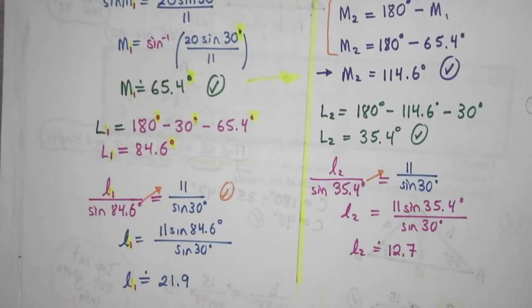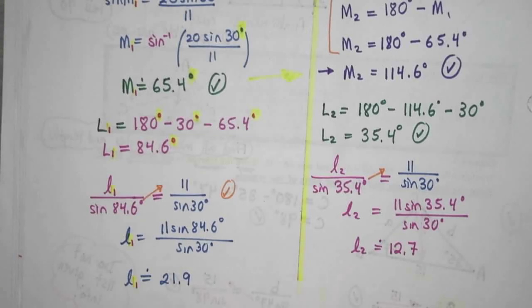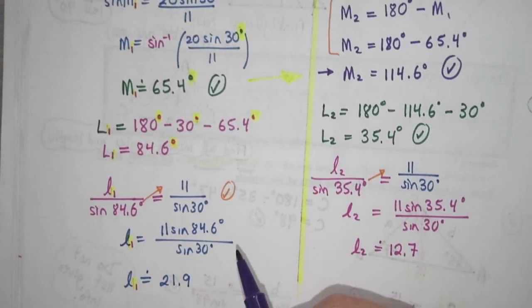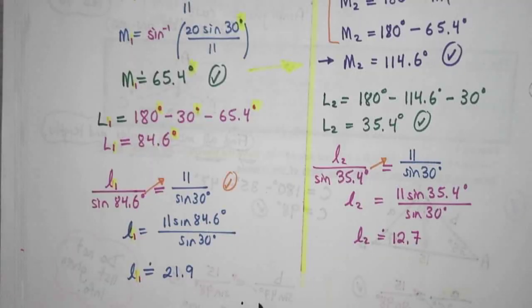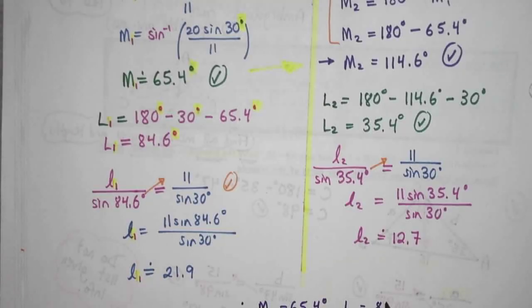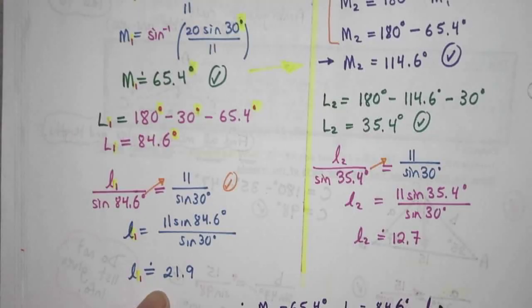You can do it in two or you can do it in one. That's why I need the subscript. For a therefore statement, sometimes I do it in one. So we go M1 equals 65.4 degrees, L1 equals 84.6 degrees, L1 is 21.9.